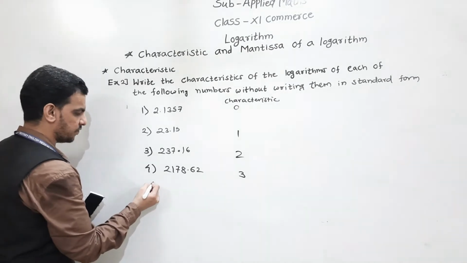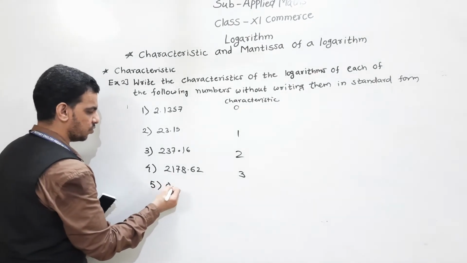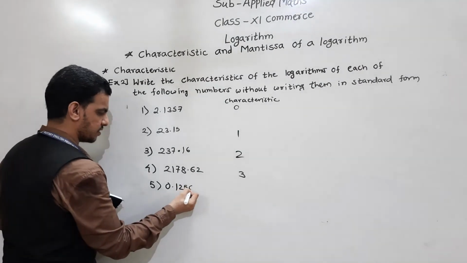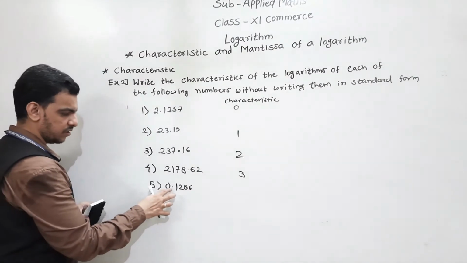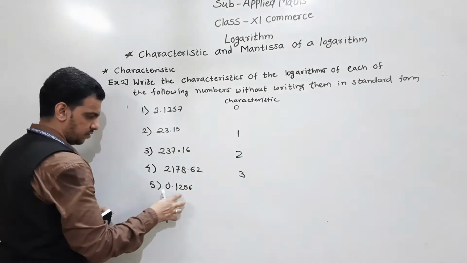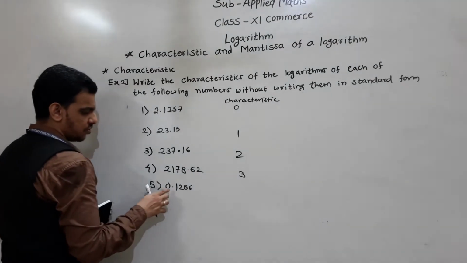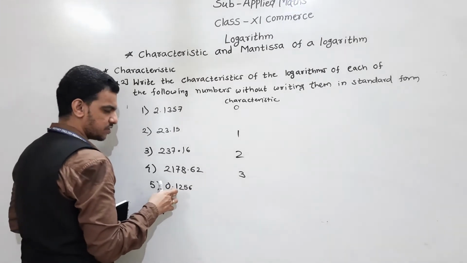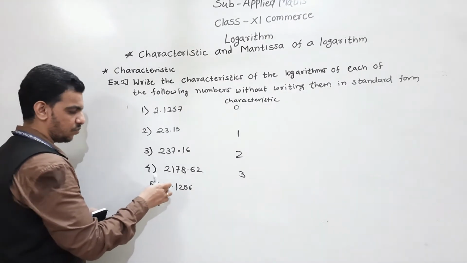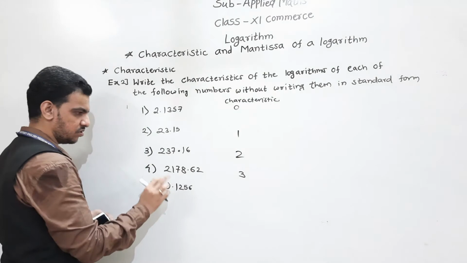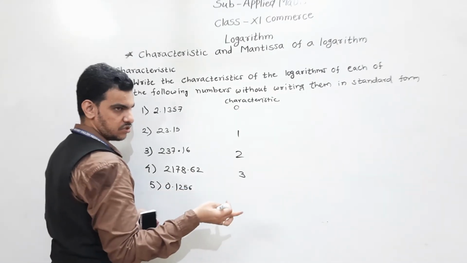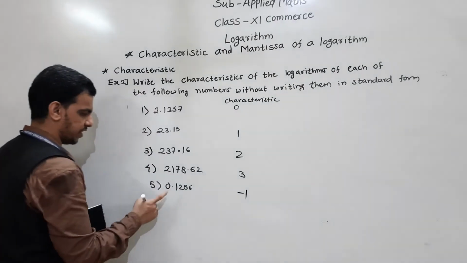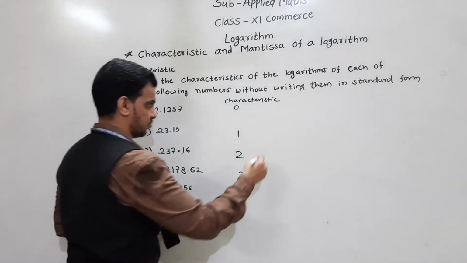Understand this? Suppose the number is 0.1256. Now this number is less than 1. So between the decimal point and the first non-zero number, how many zeros are there? 0 zeros, and plus 1. So 0 plus 1 is 1 and give a minus sign, so minus 1. So the characteristic of this number is minus 1.